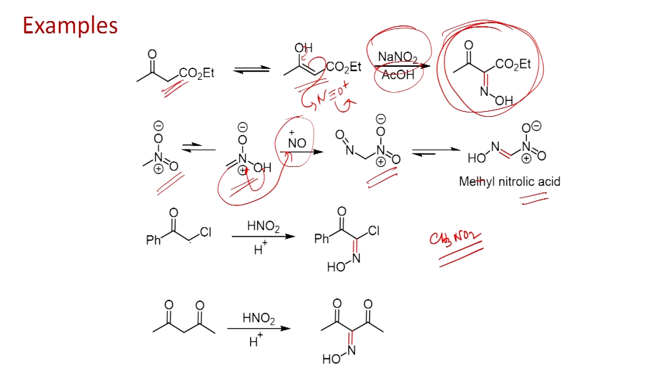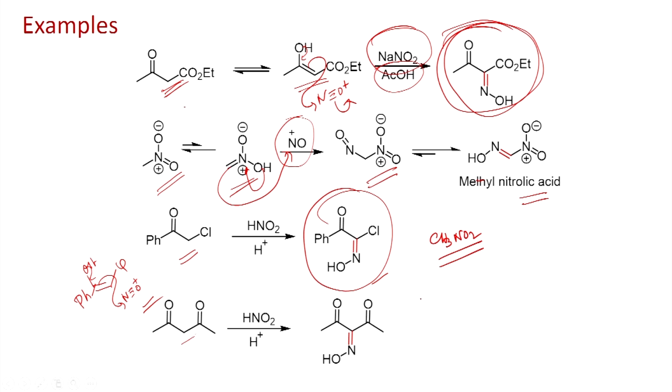In this example, as we have seen, this also can convert into enol. Once you form the enol, as we have just seen, it can also readily undergo addition reaction, then you will be able to form this oxime as the product. And this is also similar to this 1,3-dicarbonyl compound, acetylacetone.